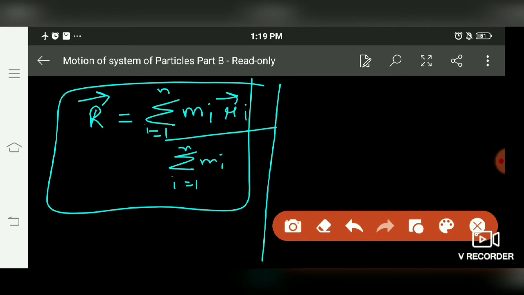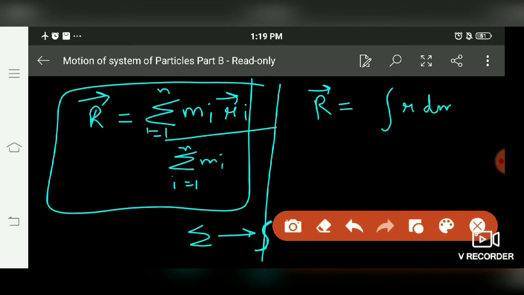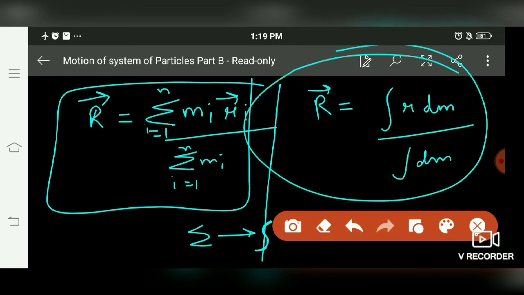And for the continuous system, we know that summation gets converted to integral, so it can be written as r vector equals integration of r dm divided by integration of dm. So this is r vector for the continuous system, and that was for the discrete system.